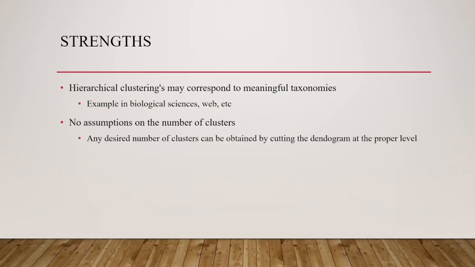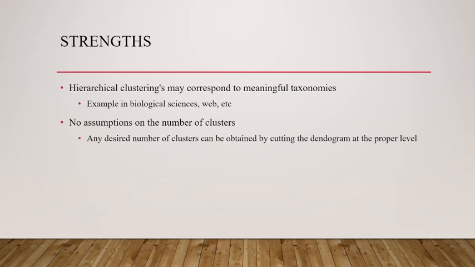In k-means, if the k value is 3, then only 3 clusters will be formed. But in hierarchical clustering, once we get the dendrogram, if we want 3 clusters, we only have to change the cutting of the tree. If we want a different number of clusters, we only have to cut at a different level.